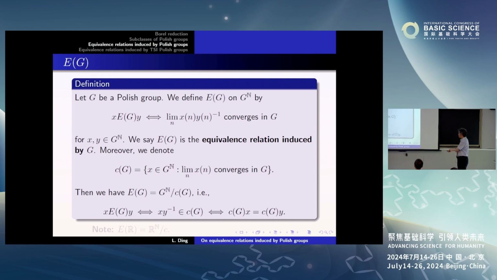So we can see that an equivalence class is a right coset of CG. The simplest case is when G is the real numbers. Then CR is just the Banach space c.